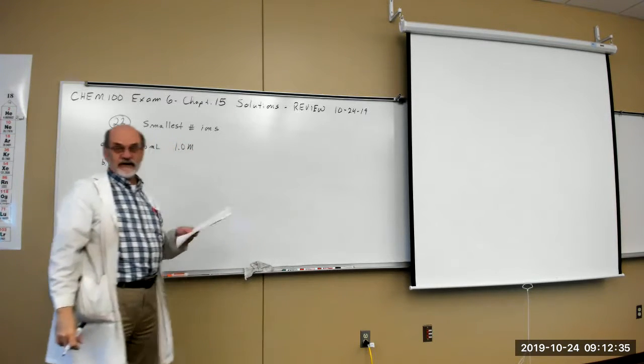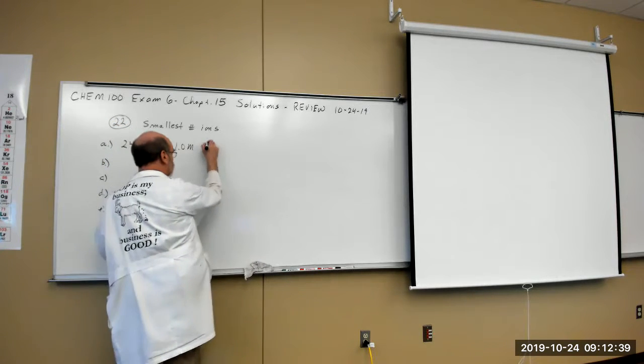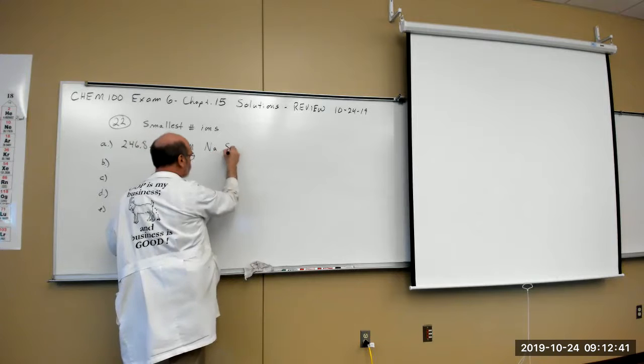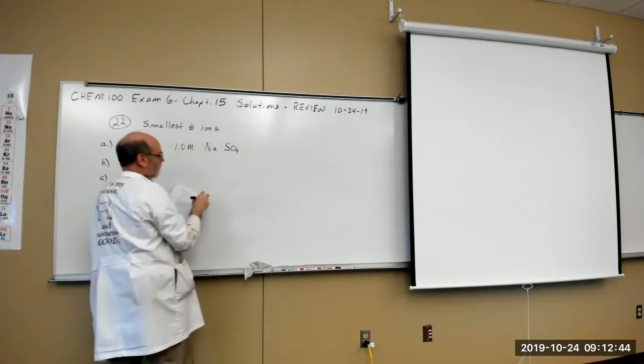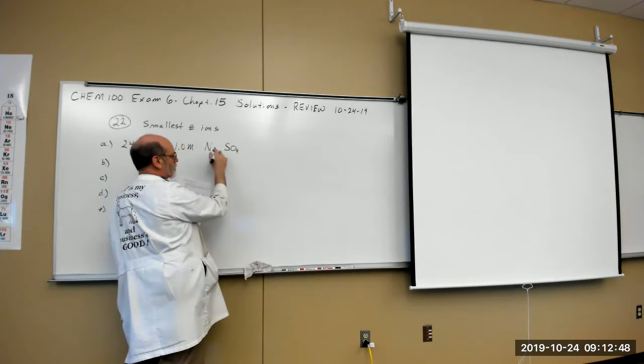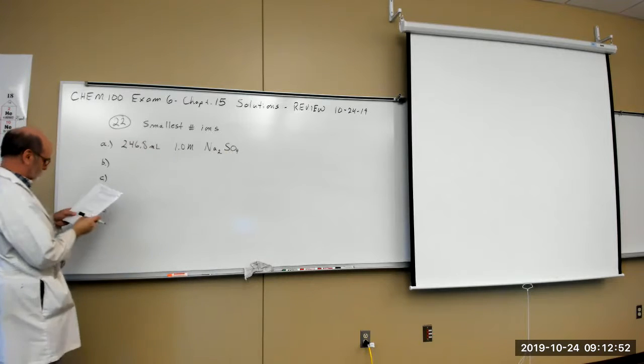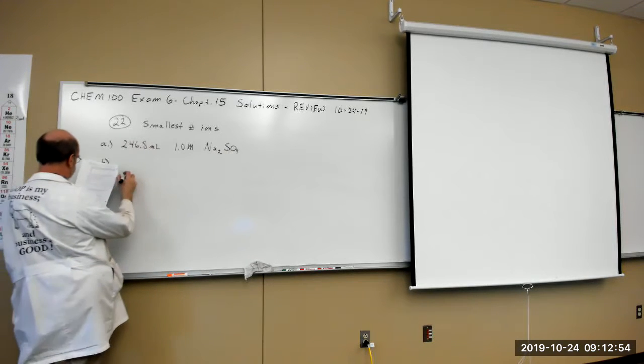Okay, it gave you the name, but it didn't give you the formula, right? So you got to write the formula. Sodium and sulfate. Now we got to write it correctly. 2 minus charge, 1 plus charge. Takes 2 of those.